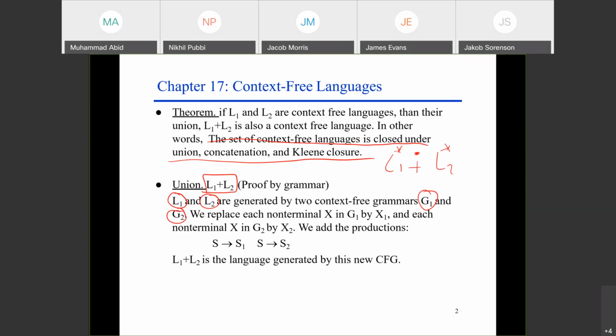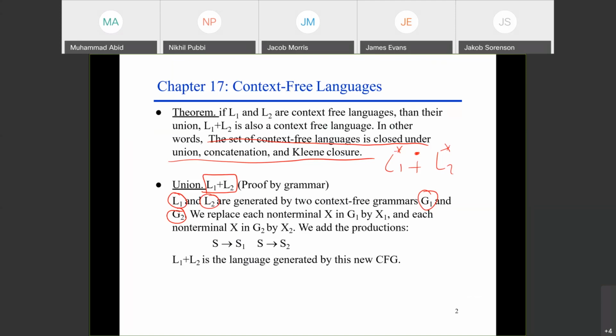So the idea is this: for each non-terminal X, assign all the non-terminals of one language one number, and the other language another number. Let's say all non-terminals of language 1 will be numbered as 1, and all non-terminals of language 2 will be numbered as 2.